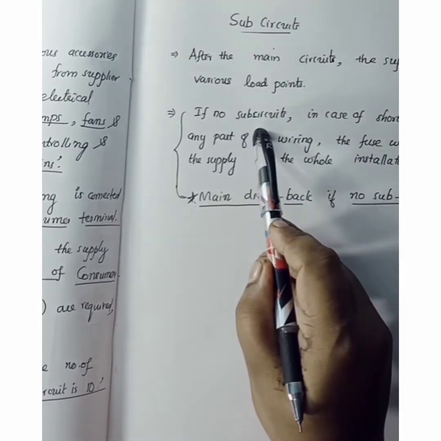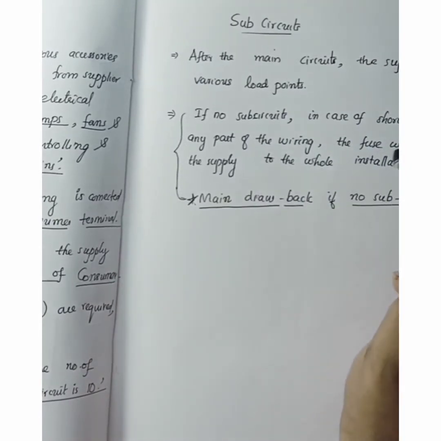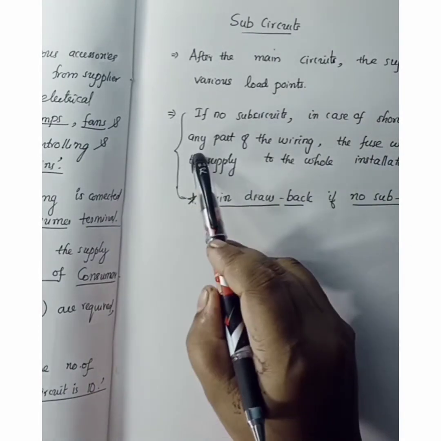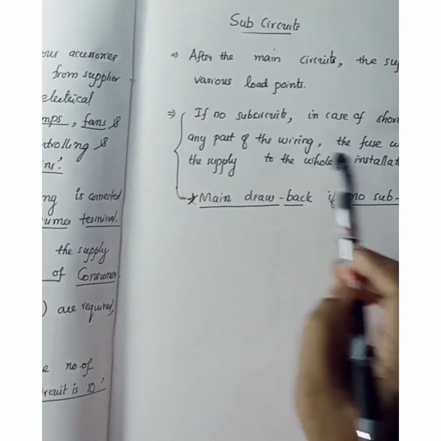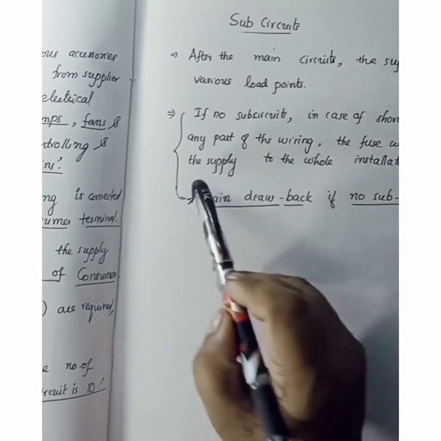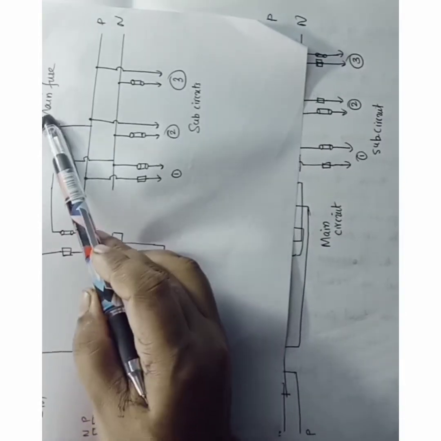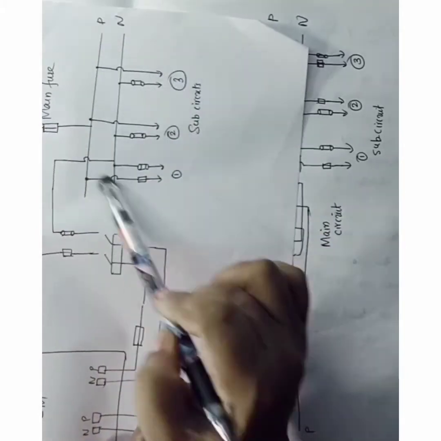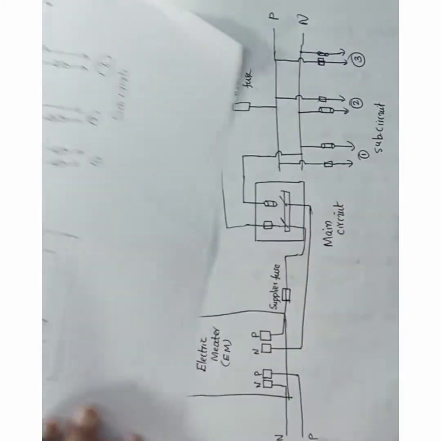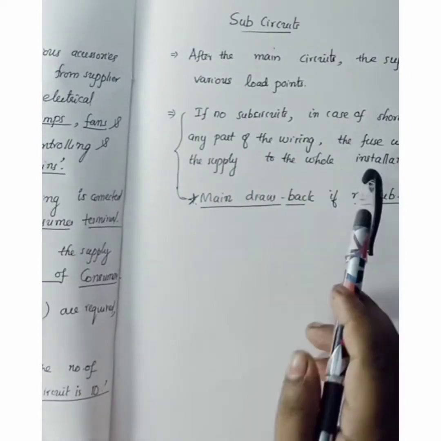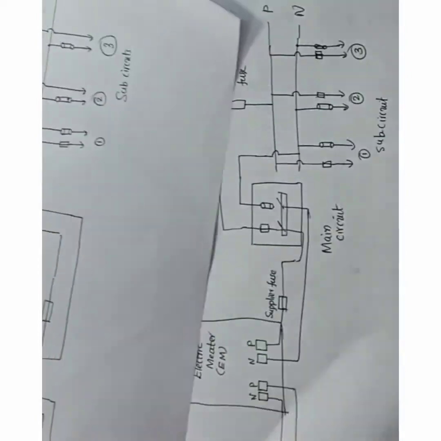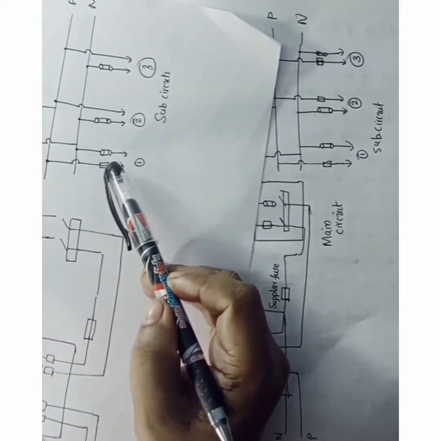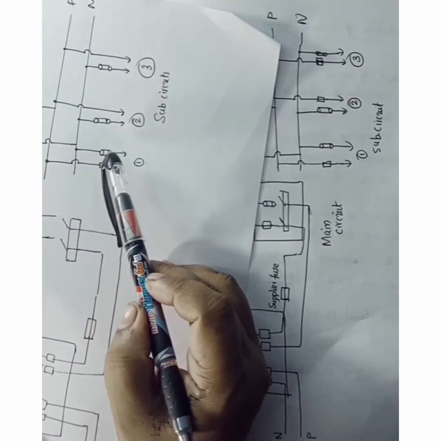If no sub-circuits are there, what will happen? In case of any short circuit or fault in any part of the wiring, the fuse will disconnect the supply. That is, this fuse will disconnect, so all these equipments are not working. Okay, if we have sub-circuits, each of these has a fuse and a neutral.